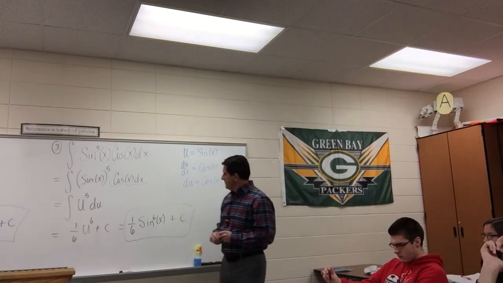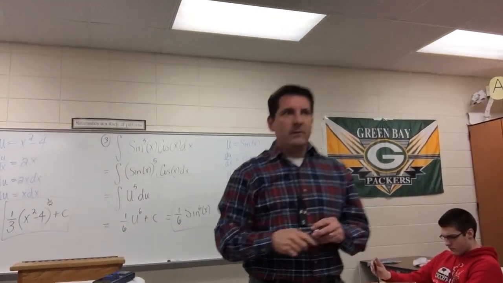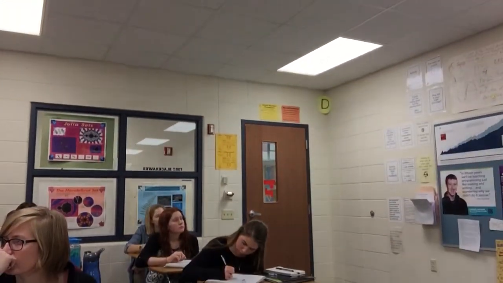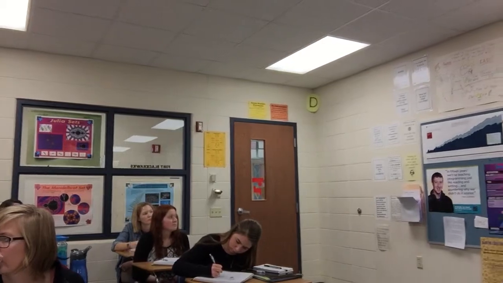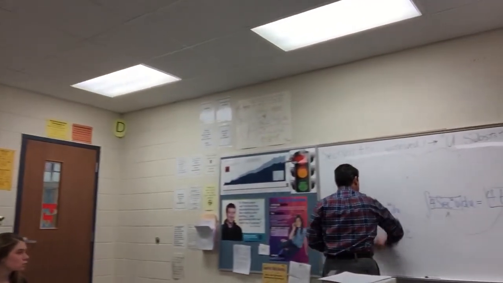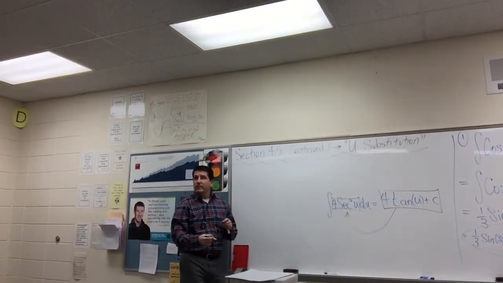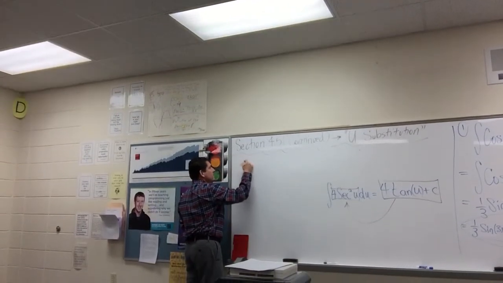Okay, I'm going to give you one, and you just do this one right now, and then we'll try a harder one. Okay, you do this one. What are we up to? Number 4.